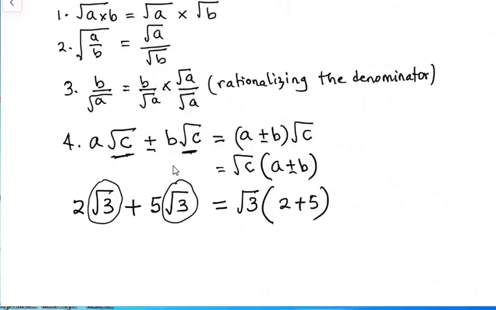You can put the square root on either side that you like. So it could be root 3 and 7, or it could be 7 root 3. You notice in this case, because we have a common term on both sides, the square root of 3, we had the coefficients outside, 2 and 5 together, to obey the fourth rule.